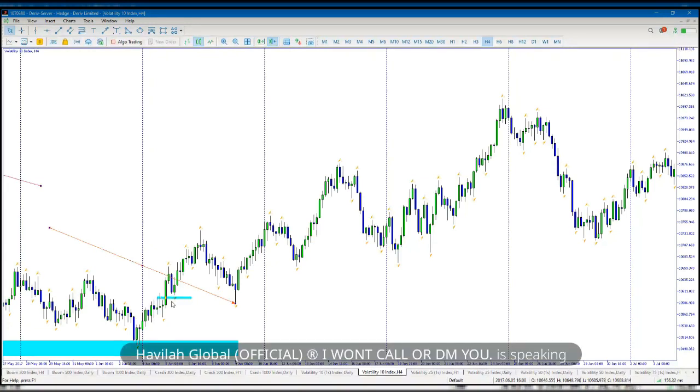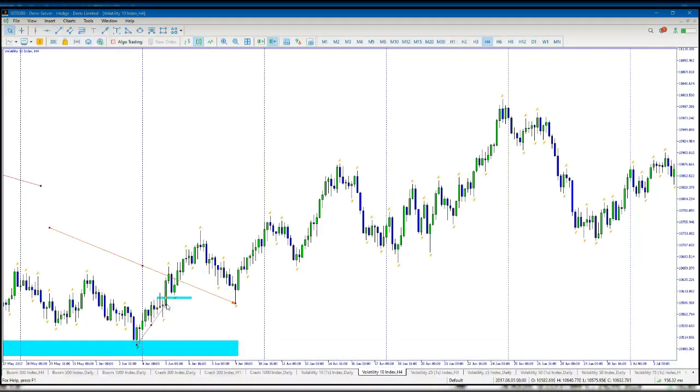And I also think the price movement from here is a complete price action. Let's go to a lower time frame.